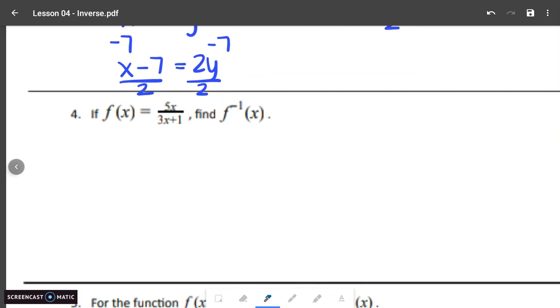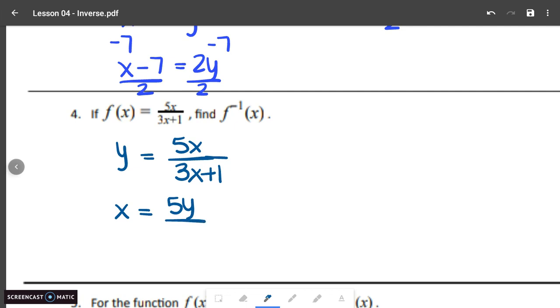Let's do it again here. Now we have the original. We want the inverse. Works the same way. y equals 5x all over 3x plus 1. Now we're switching x and y. So we're switching everywhere. So x equals 5y over 3y plus 1.